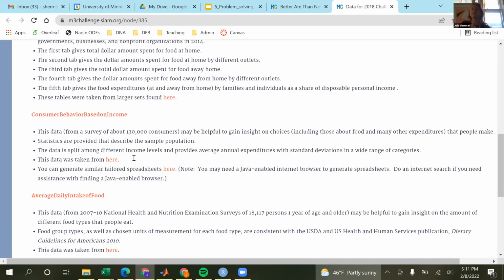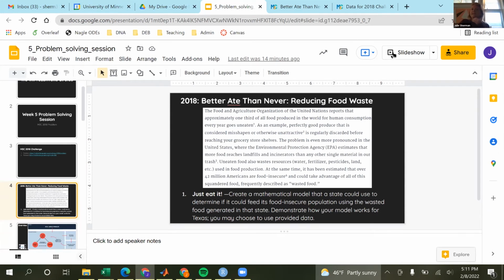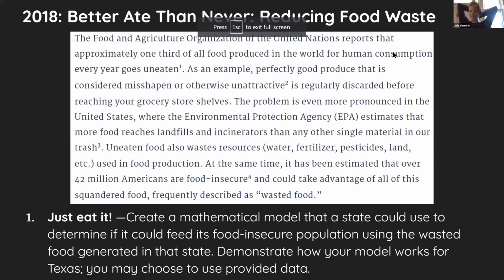It's very helpful to be able to know which data comes from which one and how each set might help you, for instance. Okay, so back to the slideshow. To remind you, we are looking to create a mathematical model to determine if we can feed the food insecure population using the food waste generated.